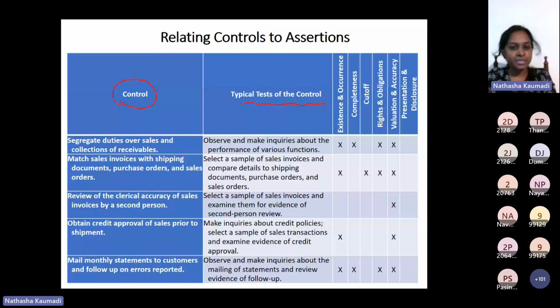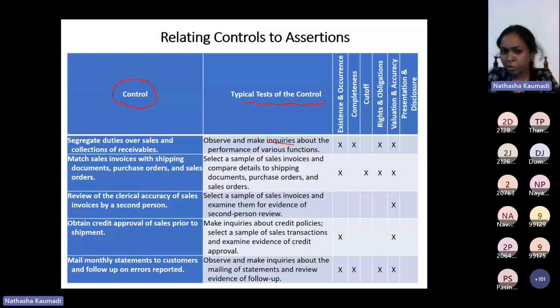Now, how are you going to test this? You can observe. By observing, you can realize whether this segregation of duties is there or not. Observe and make inquiries. You ask the manager whether you have segregation of duties. So observe and make inquiries about the performance of various functions.